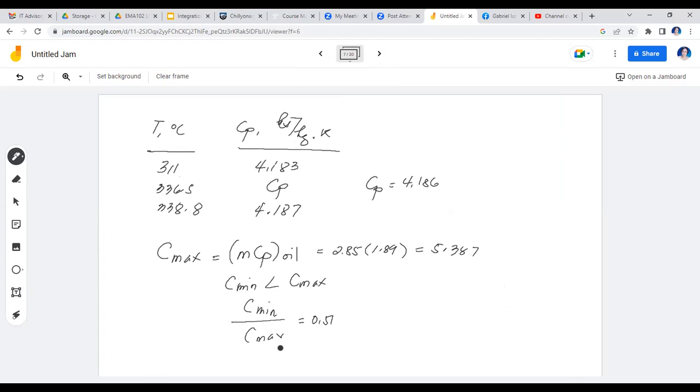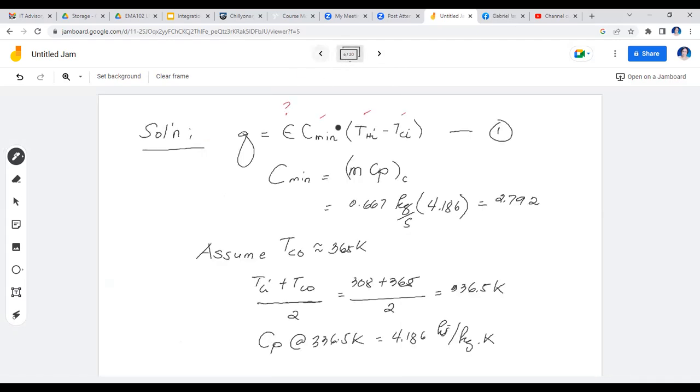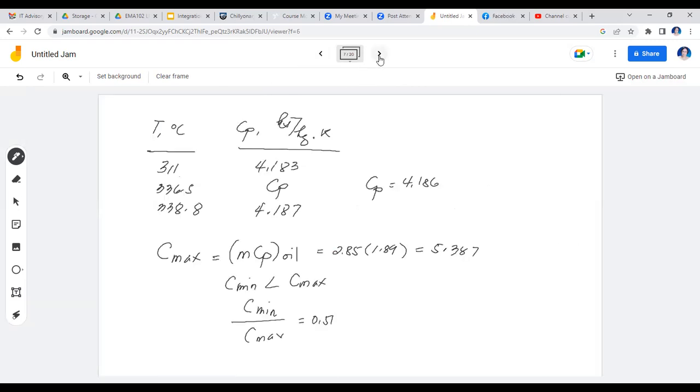Your answer is 0.51. So this is your C minimum over C maximum ratio. Here in our formula, we already have the C minimum, so we can get the effectiveness. Now, where do we get the effectiveness? Based on our diagram, I'll go back to our PowerPoint presentation.